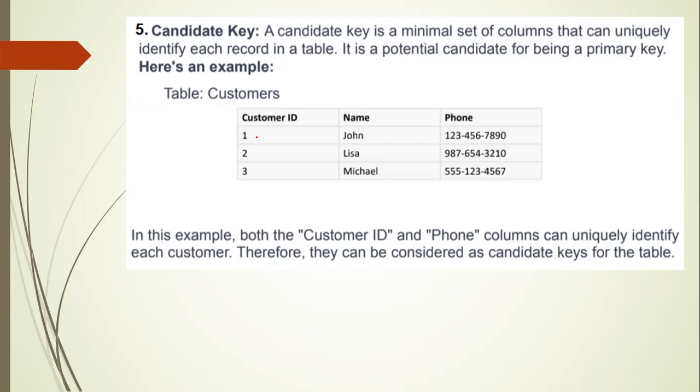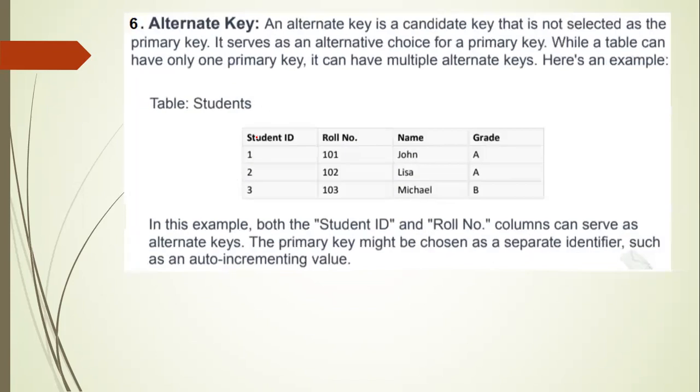So customer ID and phone columns uniquely identify a customer, which means they can be considered candidate keys here. Both customer ID and the phone number are uniquely identifying. That is one candidate key.